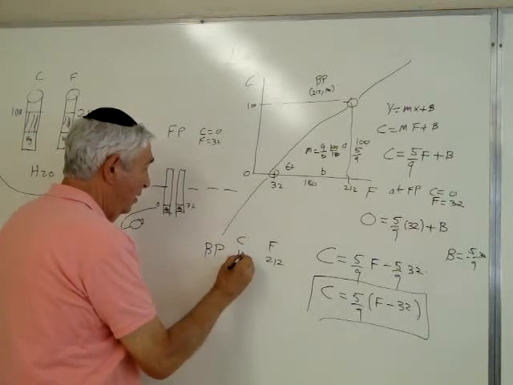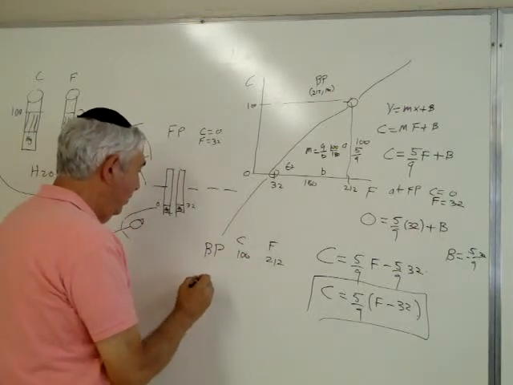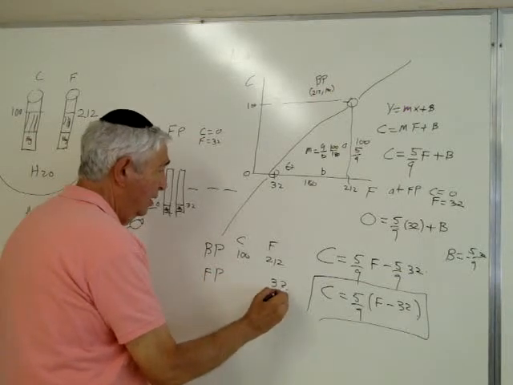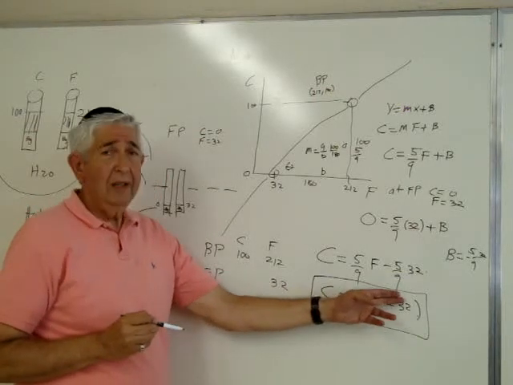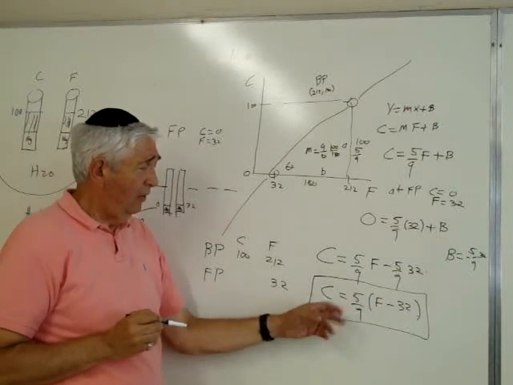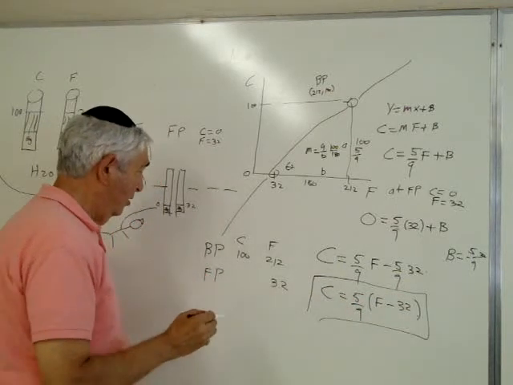So C is 100. What about at the freezing point? F is 32. So 32 minus 32 is 0. 0 divided by 9 is 0 times 5 is 0.